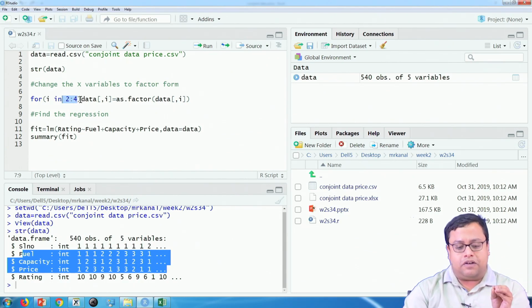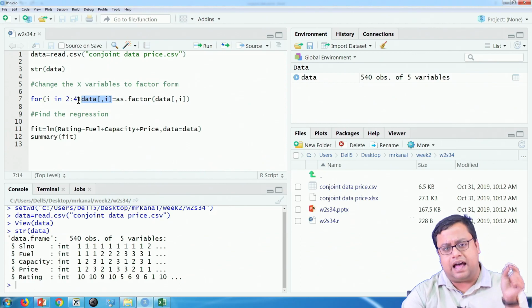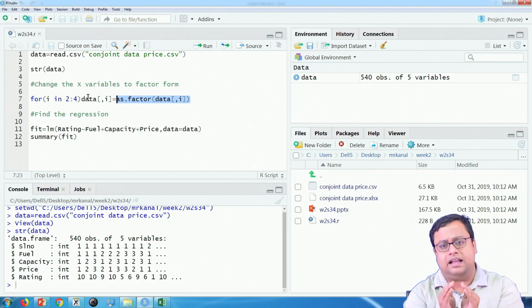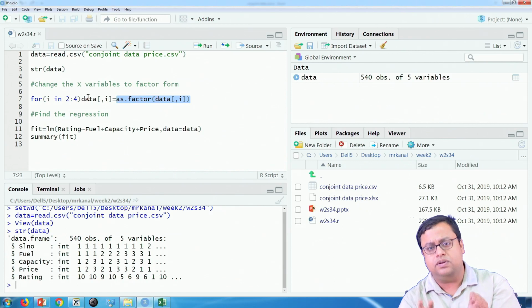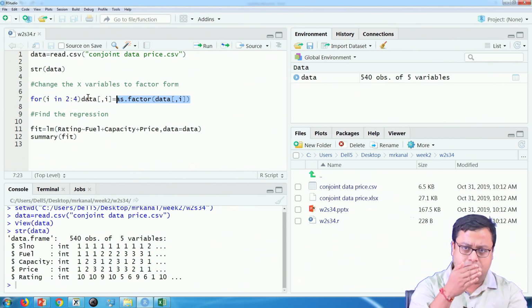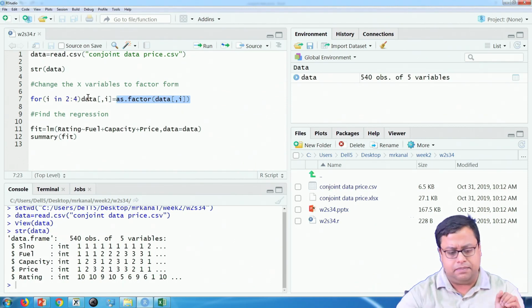Data comma i: data is the name of the data set, and in this data set the ith column will be changed to its factor form and saved back to data's ith column. We do the same operation for i equal to 2, 3 and 4. We just run a for loop, as simple as that.